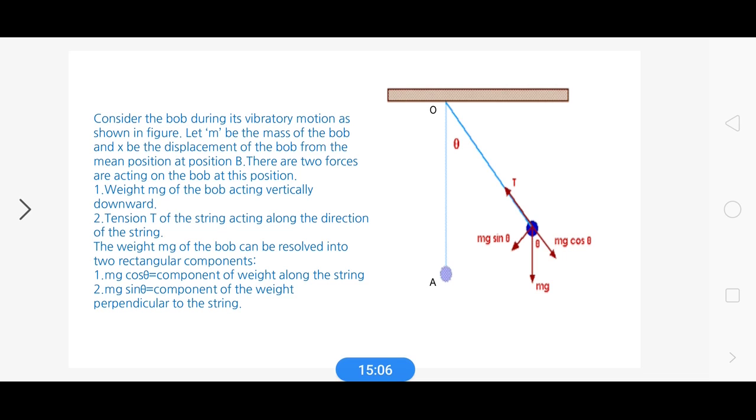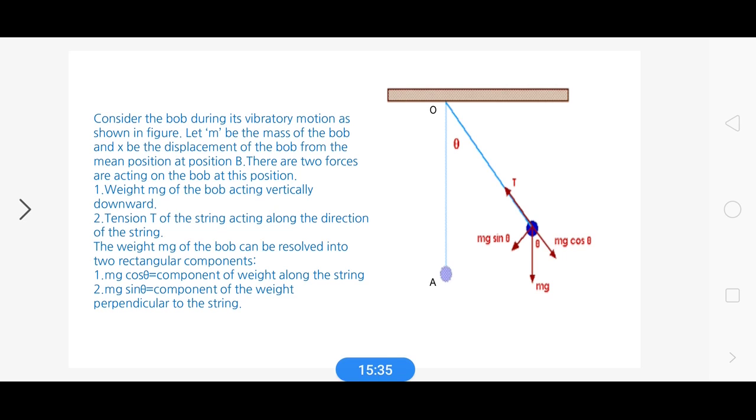So here, to get the expression for the time period of the simple pendulum, I am considering the bob during its vibratory motion as shown in this figure. The bob is in the equilibrium position and it is moved at an angle theta, and it goes to the extreme position and comes back towards the equilibrium position, then to the other extreme position.